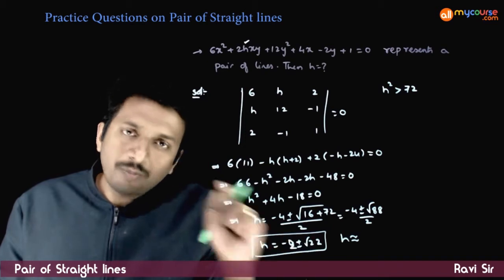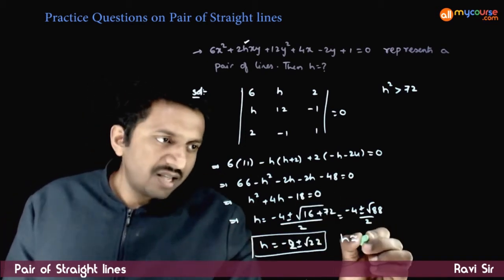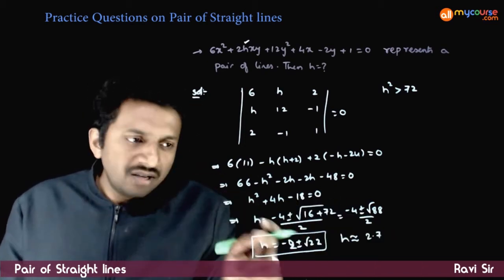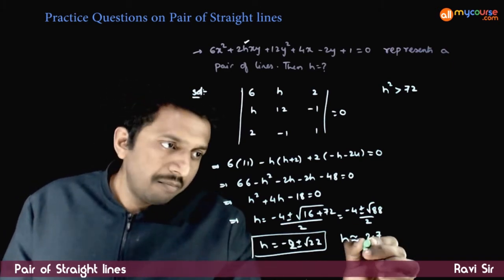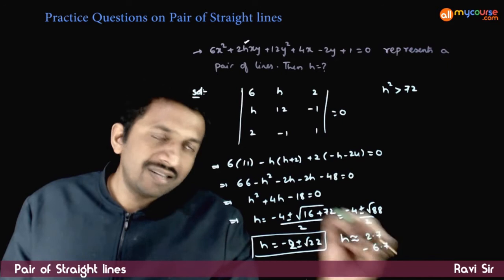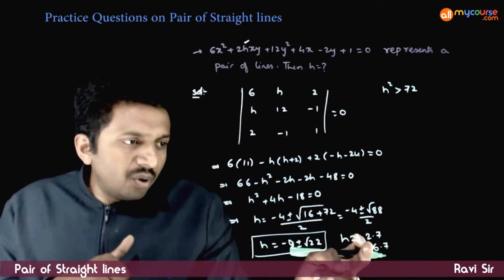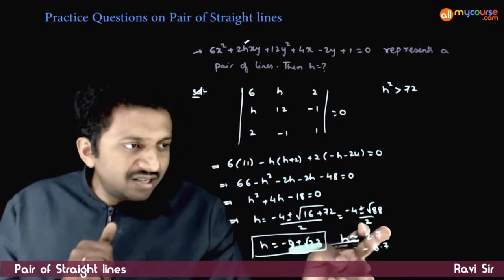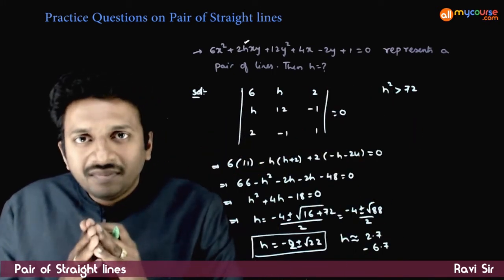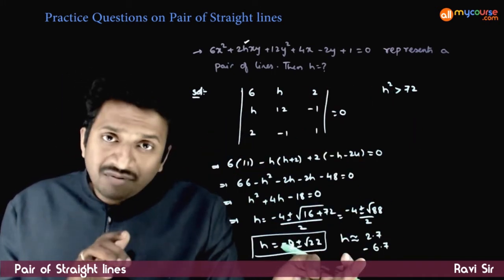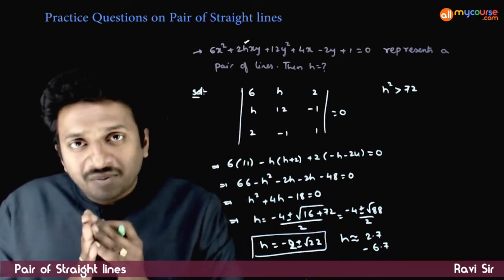So minus 2 plus 4.7 is approximately 2.7. Minus 2 minus 4.7 is minus 6.7. And in both cases, you can see that the squares of these two numbers are less than 72. So for neither of these values is h square greater than ab.